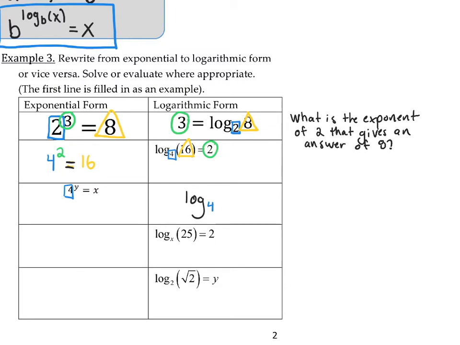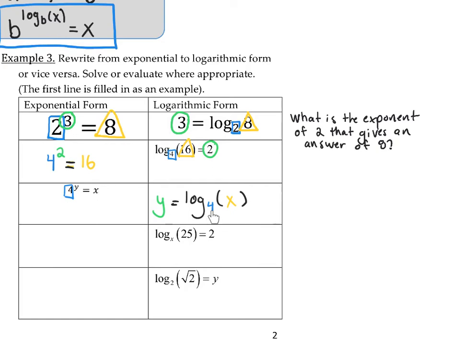The exponent is what goes on the other side. So I'm going to start by saying y equals. And then whatever the answer was, that becomes what is on the inside of the logarithm. So that should be an x. So y equals log base 4 of x.